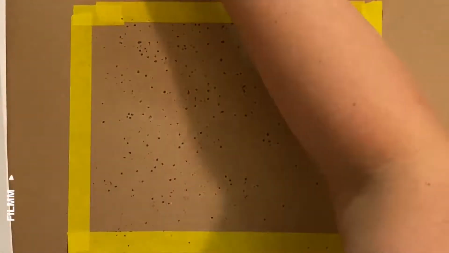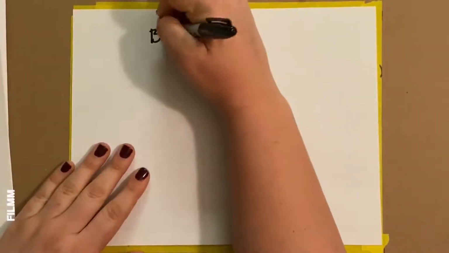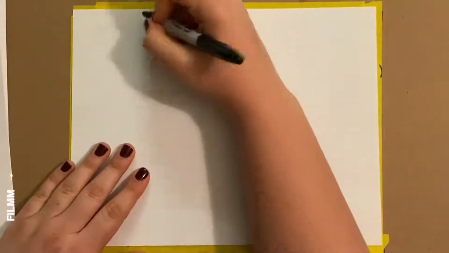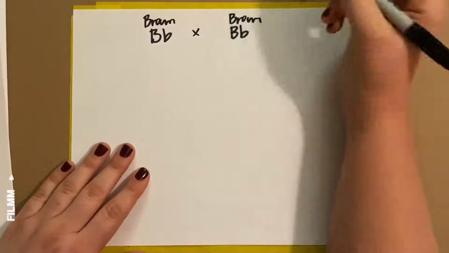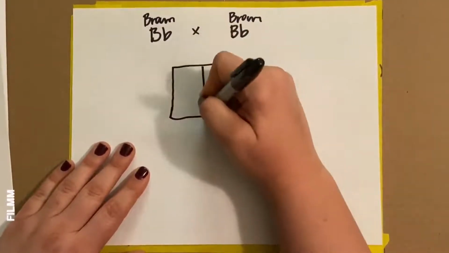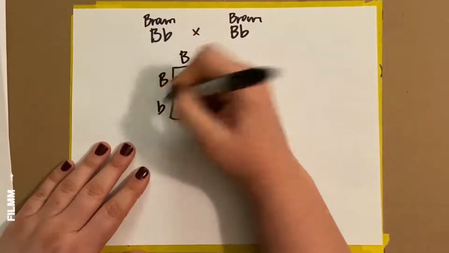This is how it's possible for two individuals with brown eyes, and this may have happened to you, to have a blue-eyed baby. If they're both heterozygotes, this is their cross, and they both have brown eyes.